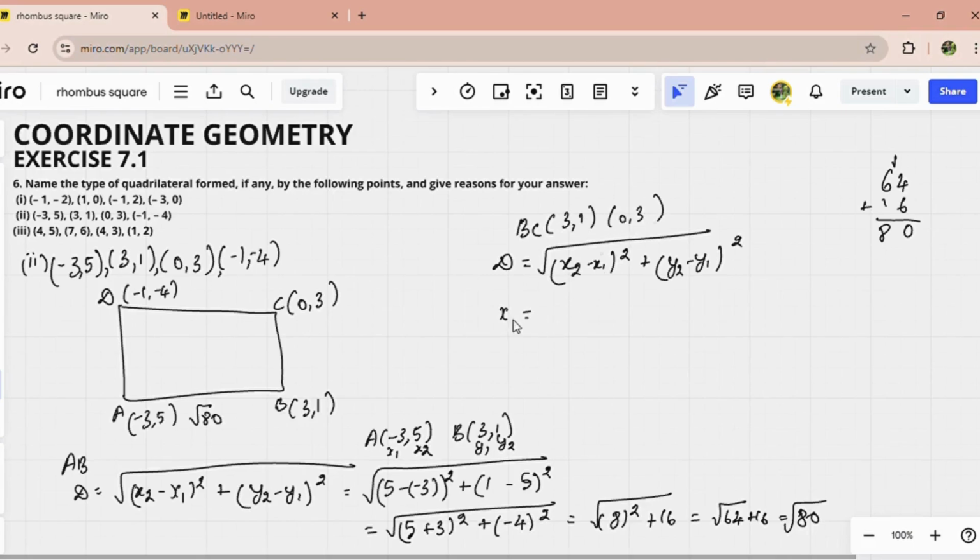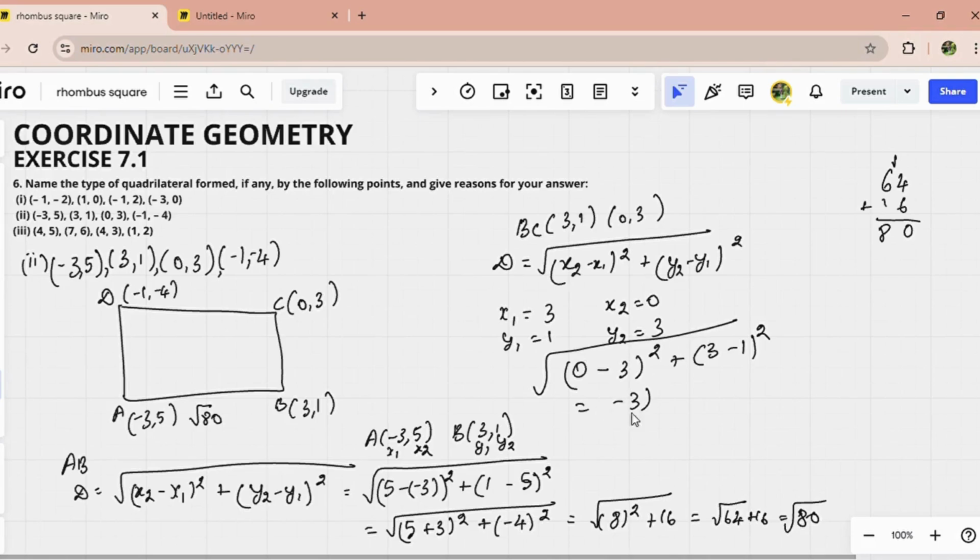So x1 equals 3, y1 equals 1, x2 equals 0, y2 equals 3. Substituting, 0 minus 3 the whole square plus 3 minus 1 square, which is minus 3 square plus 2 square, which is equal to root of 9 plus 4, which is root of 13. So BC equals root of 13.